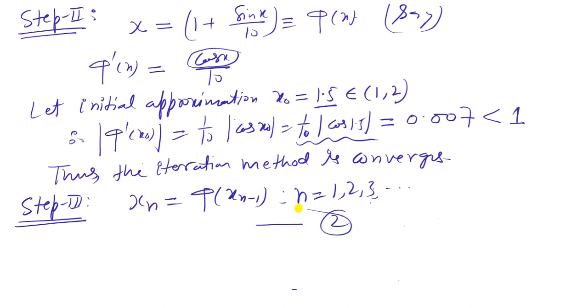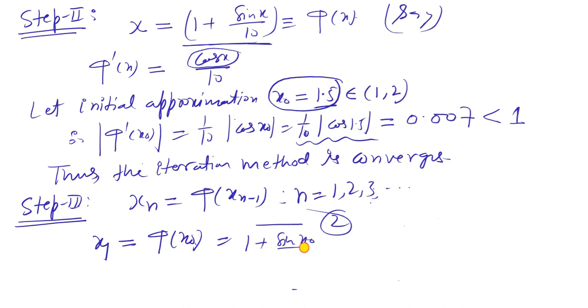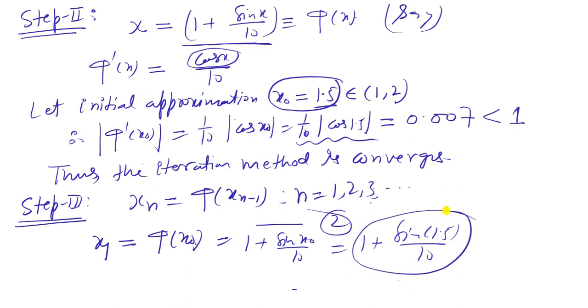Now when we put n equals 1 in equation 2, we obtain the first approximation x1. x1 is phi of x naught, and we know that x naught is 1.5. So phi of x is equal to 1 plus sin x upon 10. So this value is 1 plus sin 1.5 upon 10, and simplifying this expression with the calculator in radian mode, we obtain x1 as 1.100.